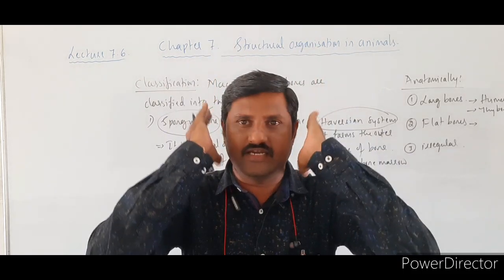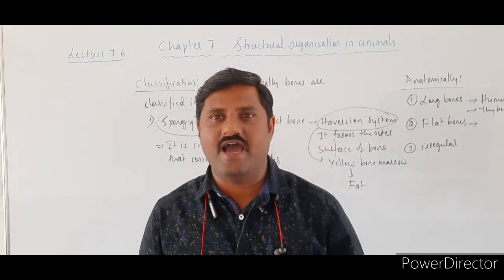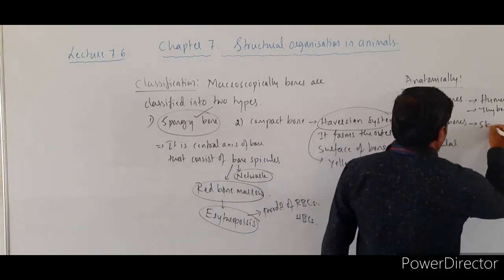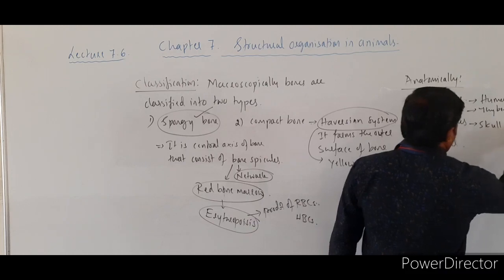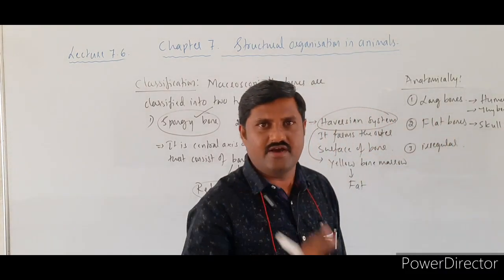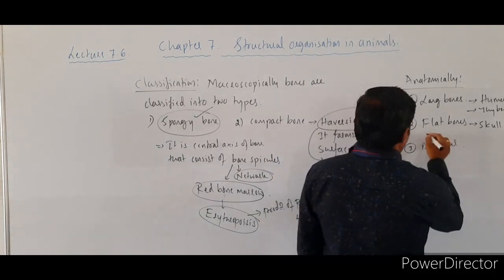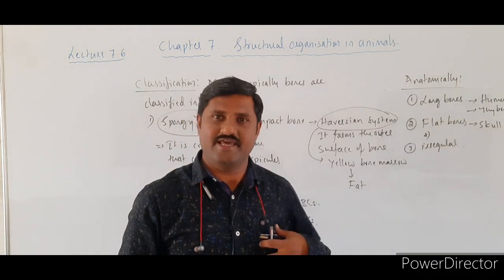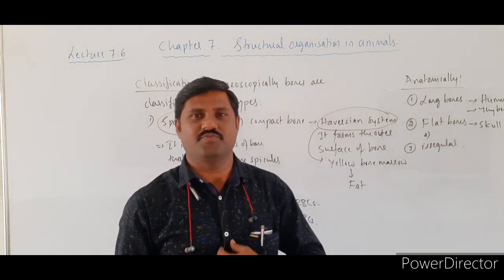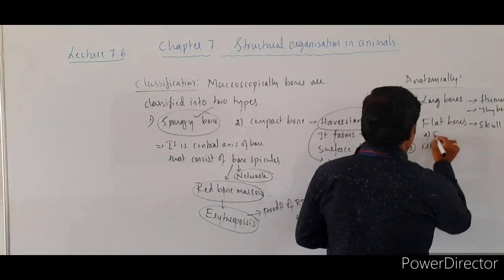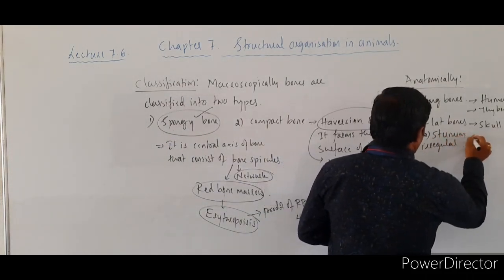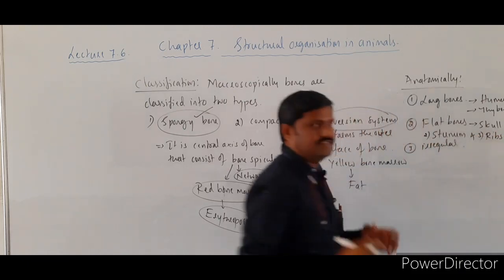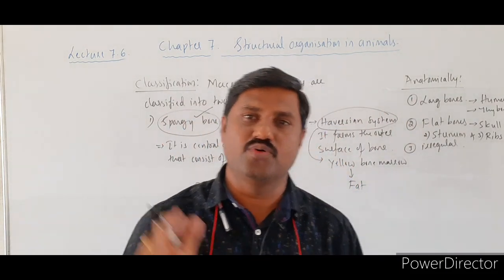They form the entire skull itself, so skull bones are one example of flat bones. Next example: ribs as well as the sternum, the chest bone. These are the best examples of flat bones, right?